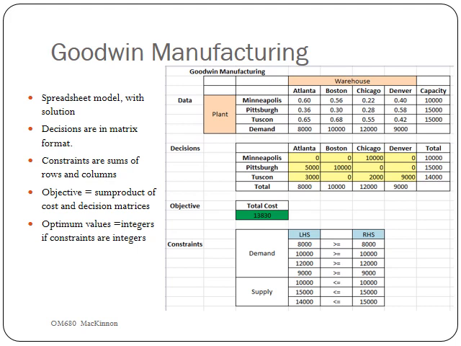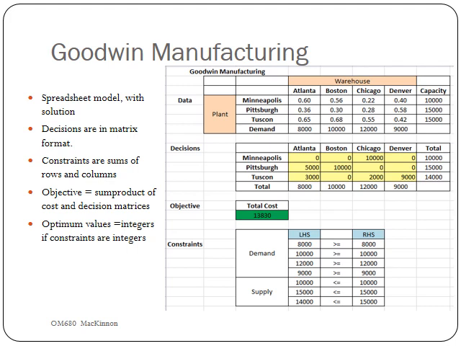So here's the spreadsheet model. Data at the top as always. Now, in transportation models, we will typically have our decisions in matrix form rather than row form. They can be in a row, but this is a bit more intuitive and a bit easier to understand.